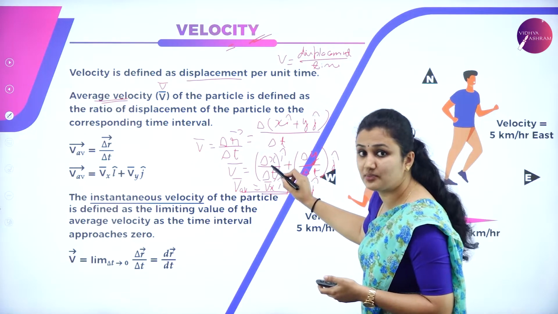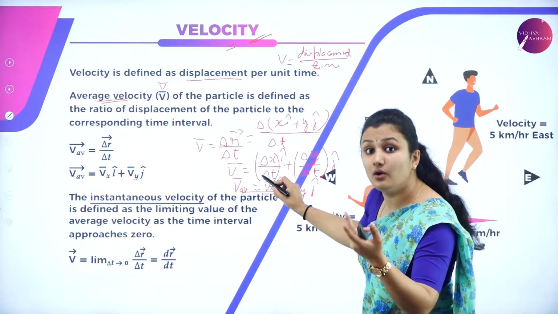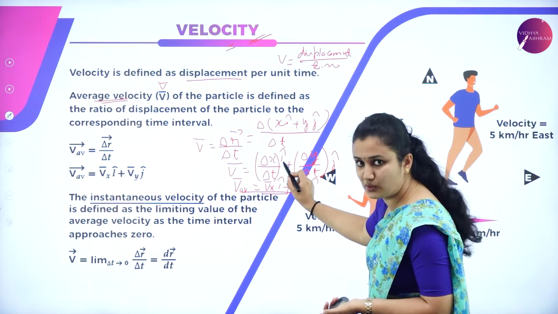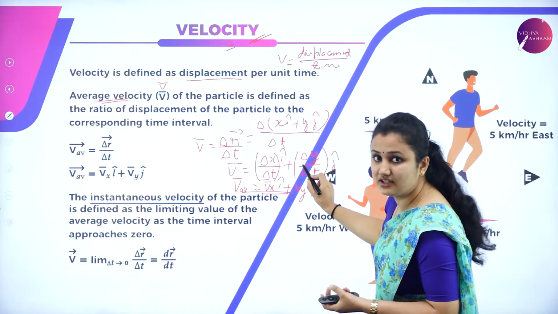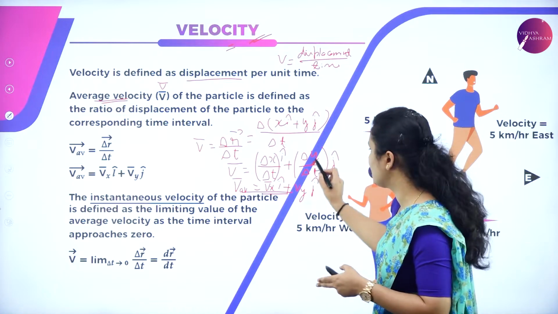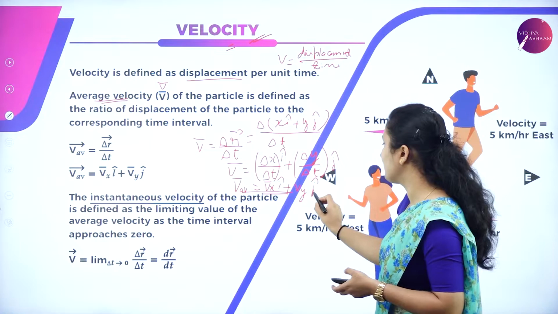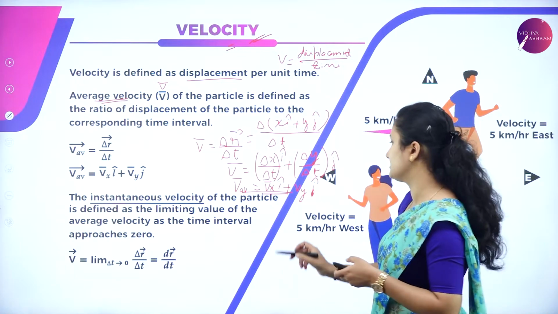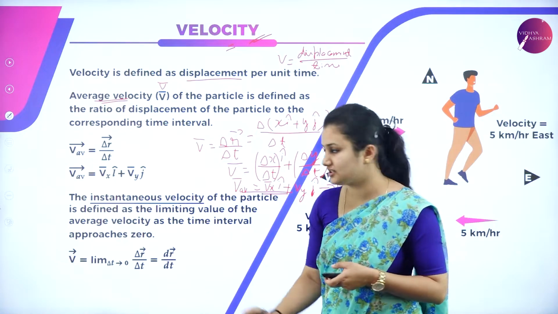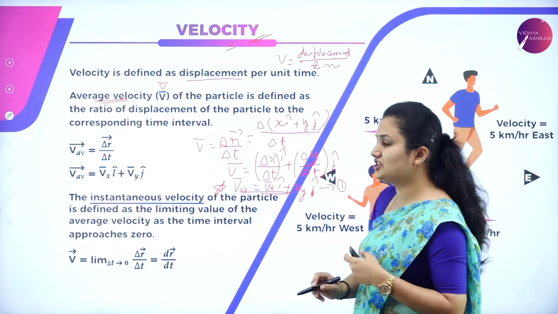Change in position with respect to time is displacement by time, which is velocity. So velocity along the x-axis into the unit vector, plus velocity along the y-axis, delta y by delta t, into j cap. J cap is the unit vector along the y-axis. So this is the equation for average velocity. Important.